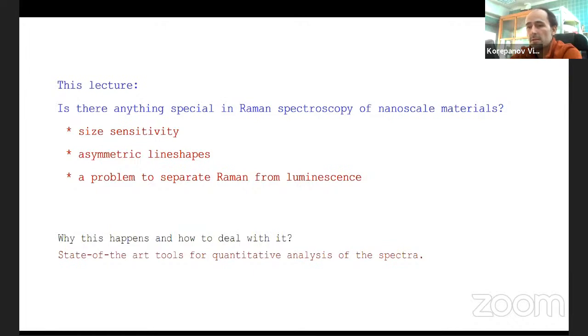Why does this phenomenon happen and how can we deal with it? This will be the main topic of my talk, and I will try to give you a couple of tools to quantitatively analyze the Raman spectrum.